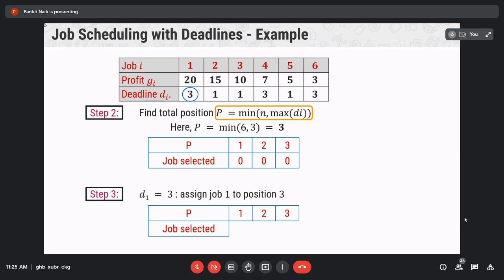First job is with deadline 1, so assign job 1 at first position. Next job is job number 2 with deadline 1, so you cannot assign job number 2 at position 1.